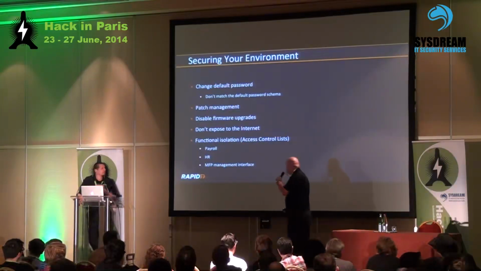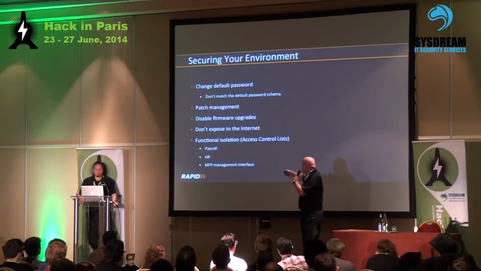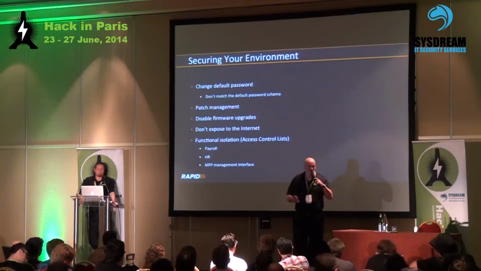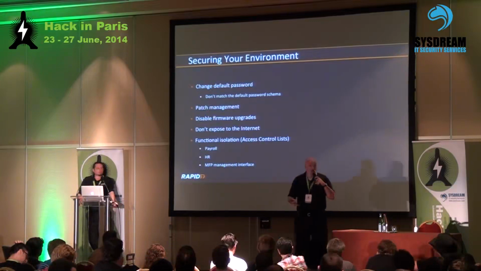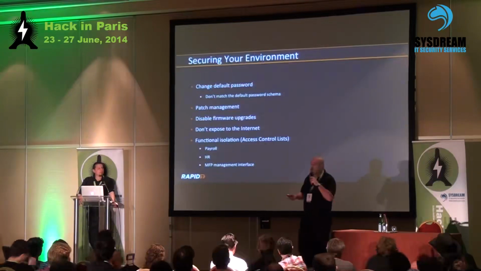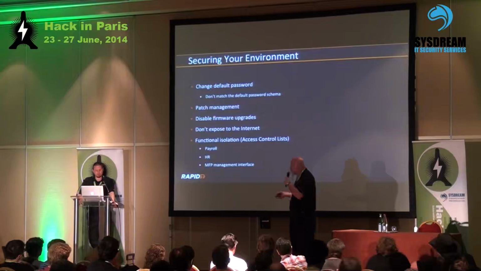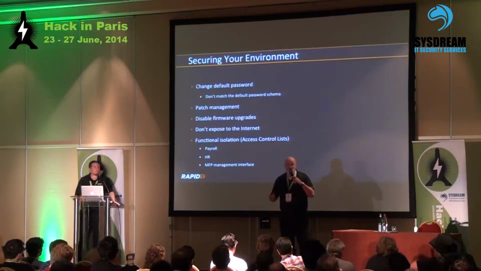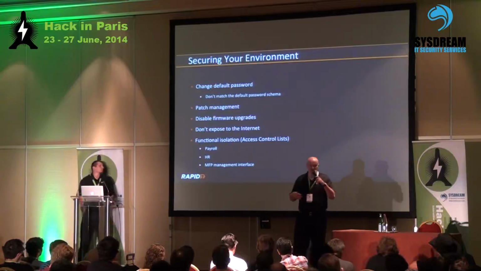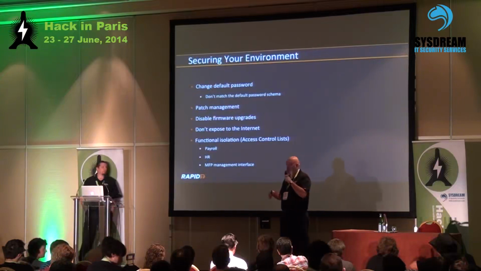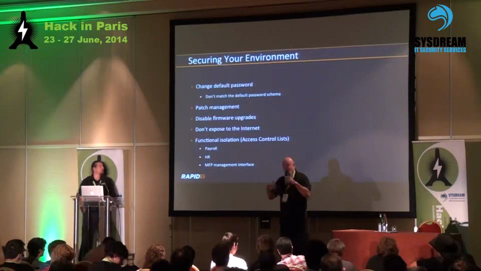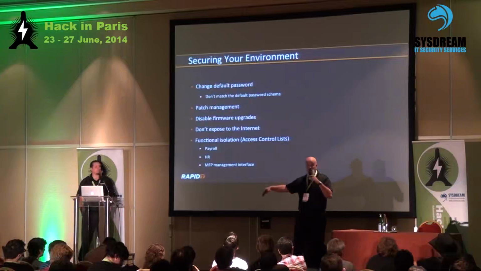Another cool thing is functional isolation. This is a big thing I like to talk to customers about. If you have multifunction printers that are used by HR or payroll, let's isolate these, okay? Because we know what you're printing on them. We know the kind of data, and we've only talked about stealing creds. We haven't talked about stealing data.